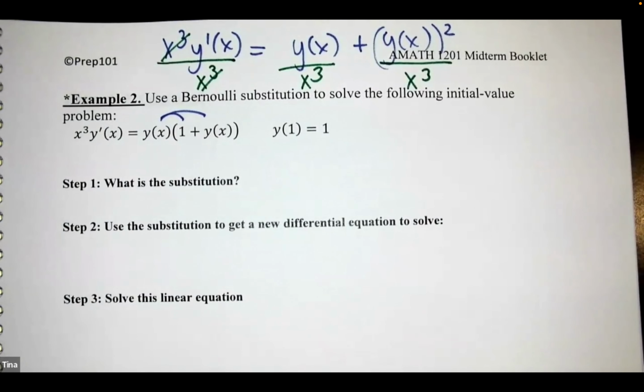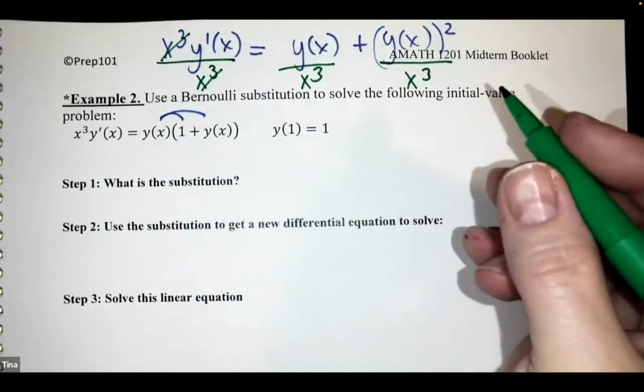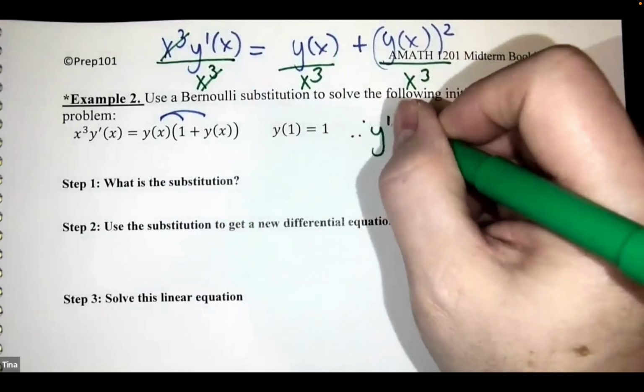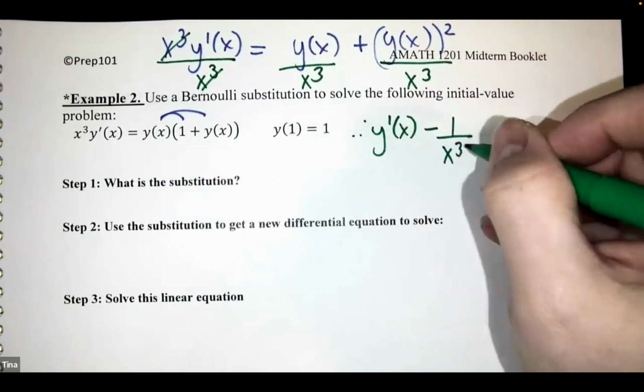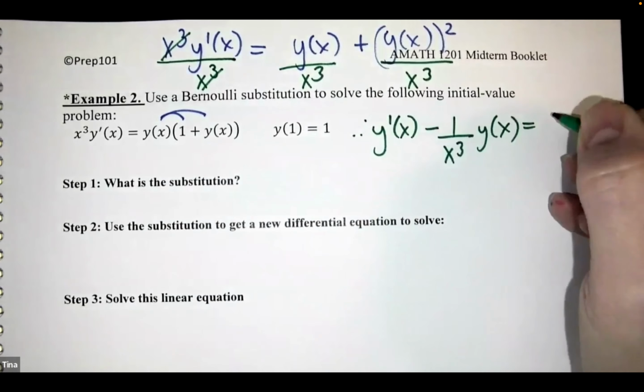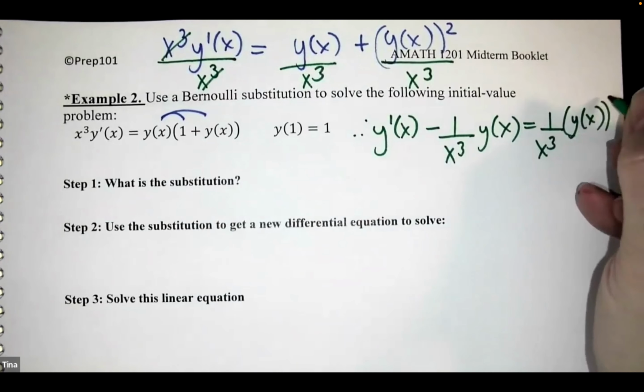So how do I make this look linear in a minute? For Bernoulli right now, I have to bring that term over, don't I? So it'll be y prime of x minus 1 over x cubed times y equals 1 over x cubed times y of x squared.